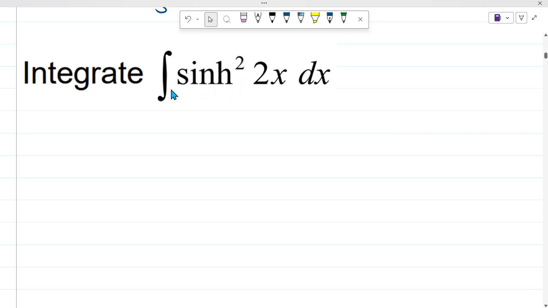Whenever we have one hyperbolic sine with an even power, then we need to use half angle identities in order to integrate that one, so that we can get rid of the squared.